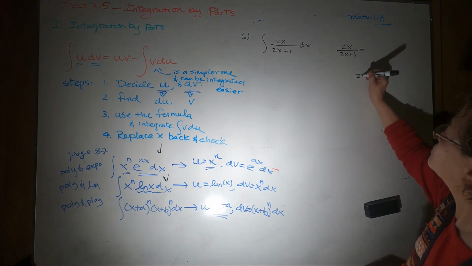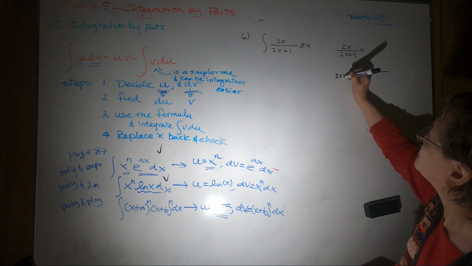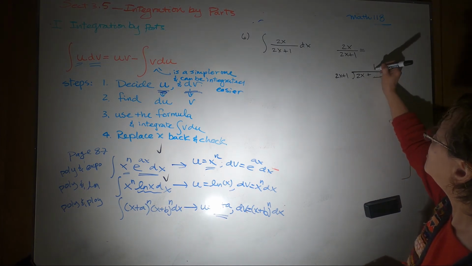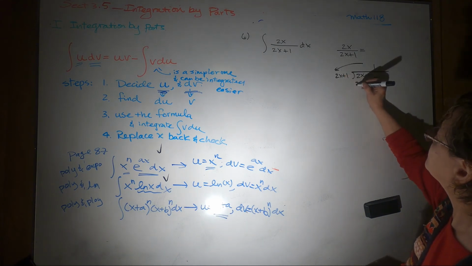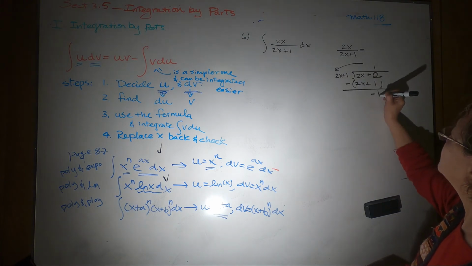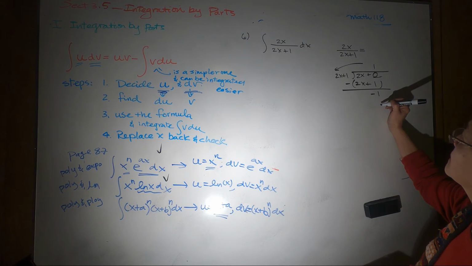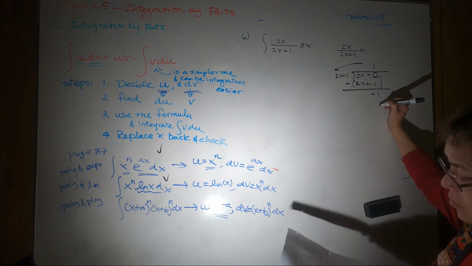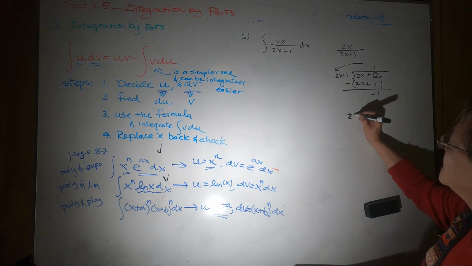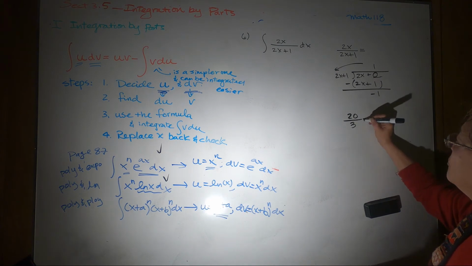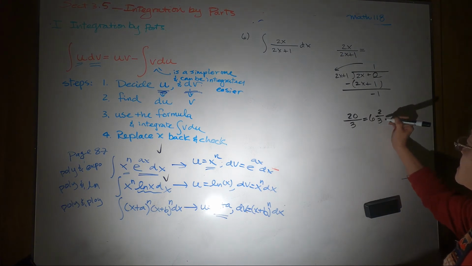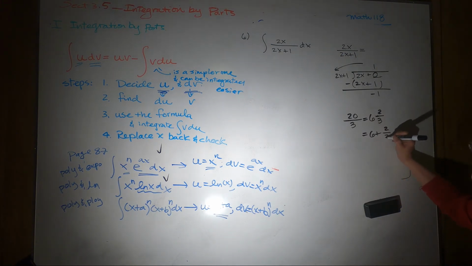It's a long division, 2x divided by 2x plus 1, right? You don't have a number here, so what you have is 1, then you multiply by 2x plus 1, and subtracting gives you -1. What we mean by that is, say, 20 divided by 3 would be 6 and 2/3, meaning 6 plus 2/3.